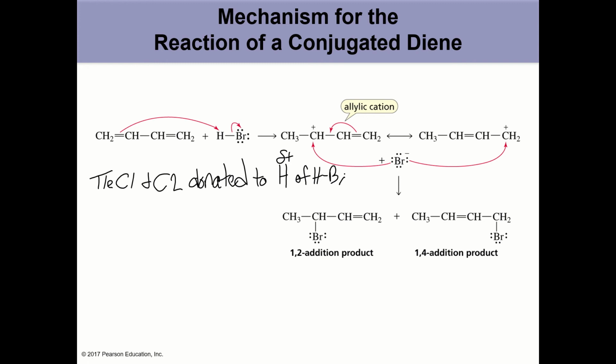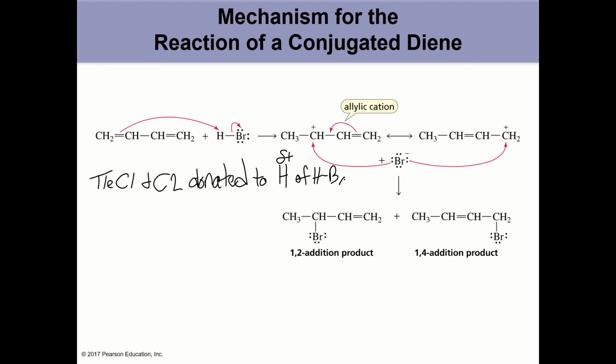Now, also in the first step, you always have to remember that when electrons are donated to an atom, if that atom already has a full valence shell, then you have to break whatever bond already exists to that atom.